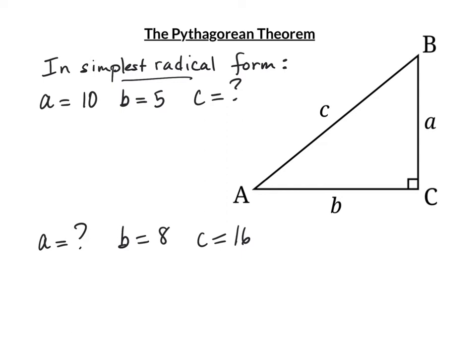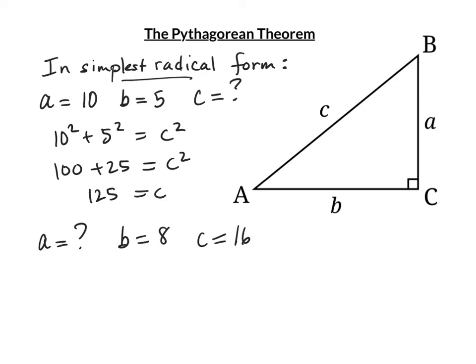But just like we did the others, we're going to plug in a squared plus b squared equals c squared. That's 10 squared plus 5 squared equals c squared. 100 plus 25 is equal to c squared. 125 then is c squared. Square root both sides, no decimals.